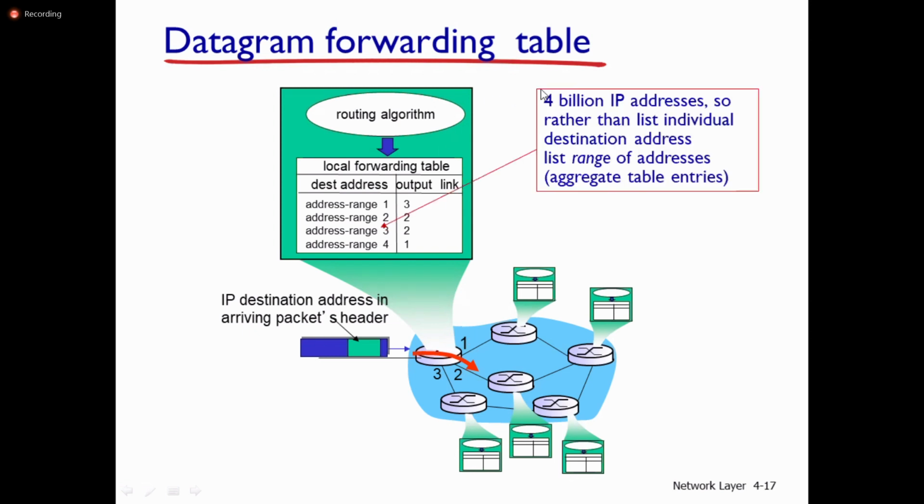There are 4 billion IP addresses, so rather than listing individual destination addresses, we list ranges of addresses. Based on the range, we forward the incoming packets to the concerned output links.